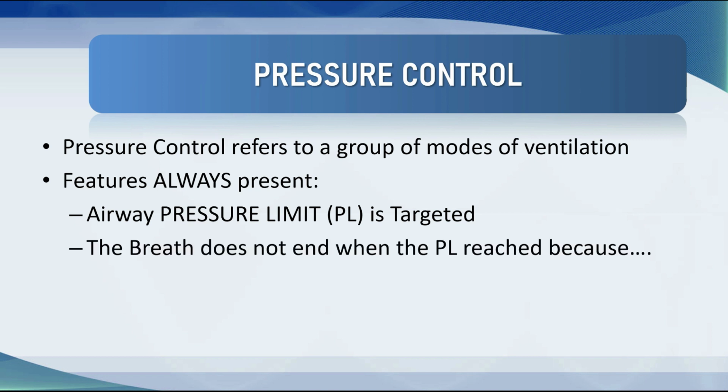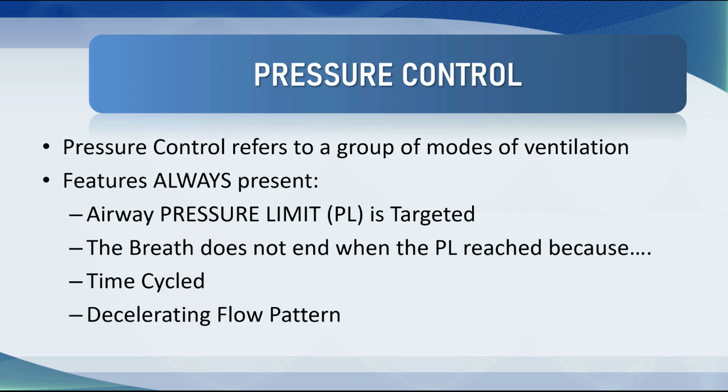The breath does not end when the pressure limit is reached because the breath is always time cycled. So the ventilator generates a flow of gas, it reaches the pressure limit, and it holds that gas in the lungs until you tell the ventilator to cycle to expiration. So it's time cycled, and the flow pattern must always decelerate.